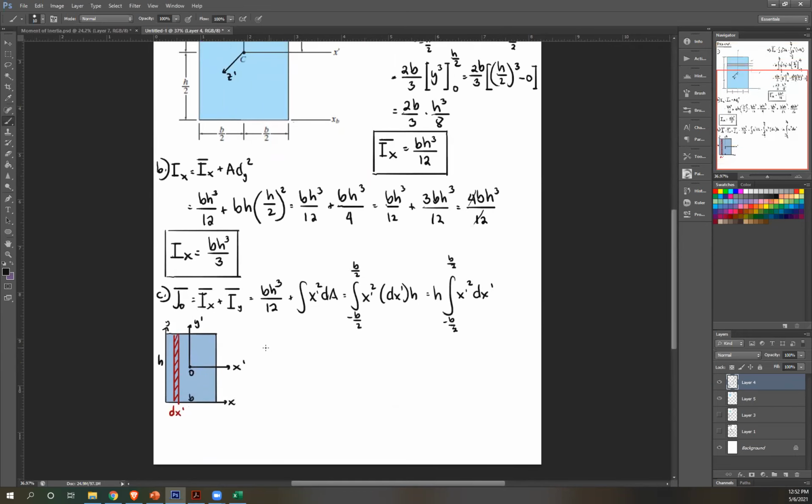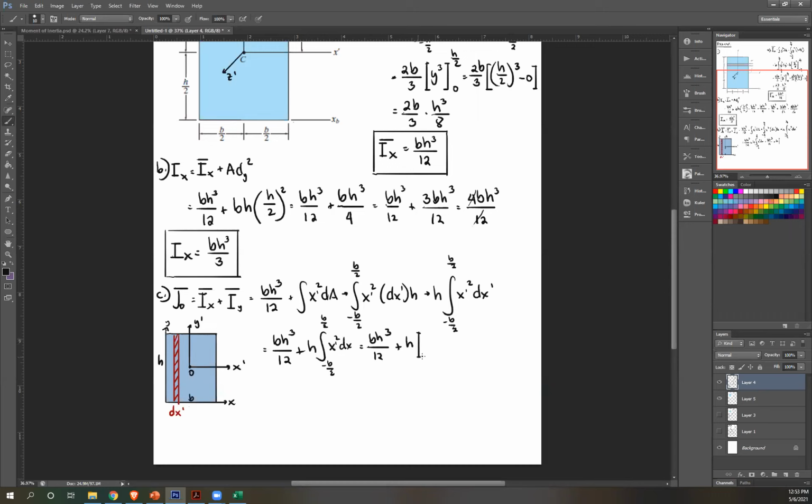Okay, so let's solve. So this now bh cubed over 12 plus this equation h integral of x squared dx from negative b over 2 to b over 2. Then solving for that, bh cubed over 12 plus integral of x squared dx is x cubed over 3.